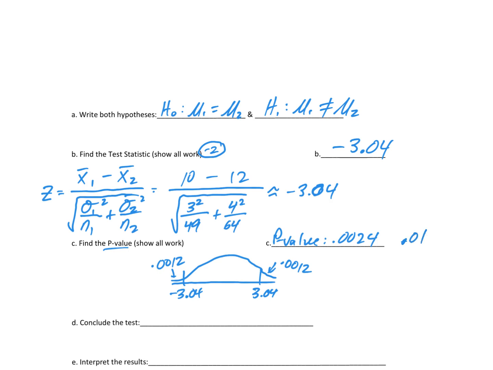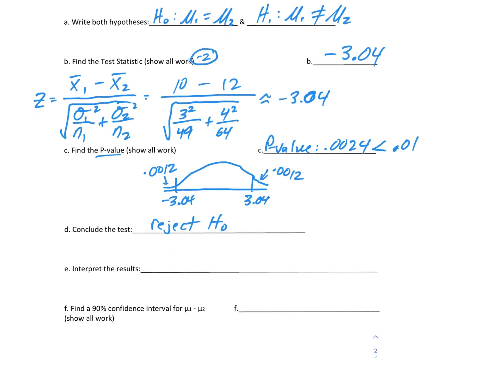0.01, and this is also smaller. So therefore, if it's smaller, we still are going to reject H naught. Okay, so I didn't do an example where it was larger, where you failed to reject, but it's okay. You have done many, many of those in the past.